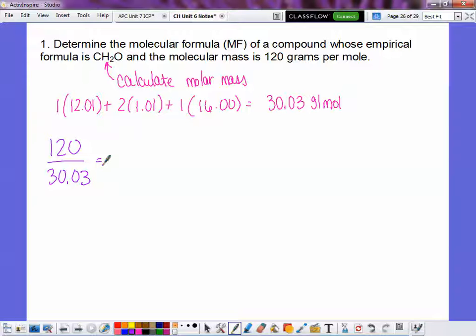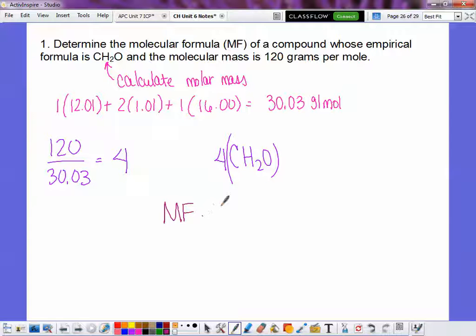And what do you get? 4. So now we're going to distribute the 4 through the empirical formula. We're going to multiply each of the subscripts in CH2O by 4, and that will give us our molecular formula.